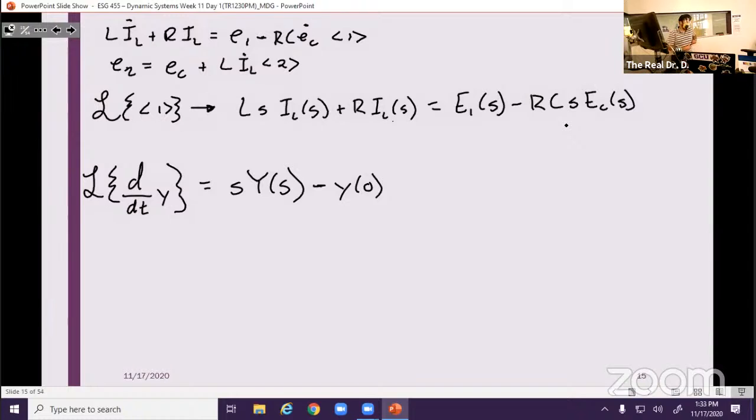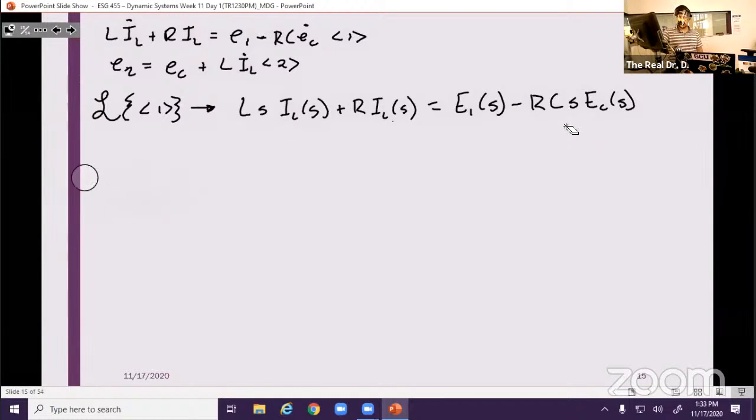In this case, we said we have 0 initial conditions, so that goes away. We're just left with s y of s, which is this part right here: s times I_L of s.